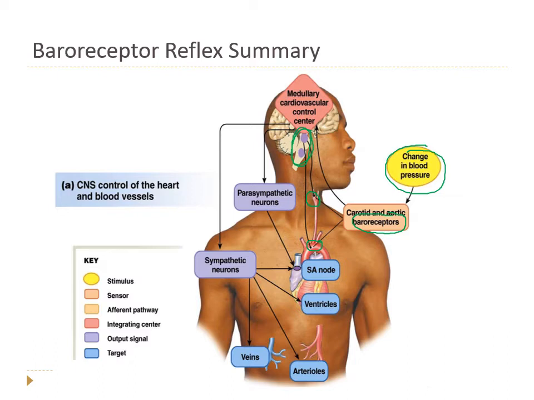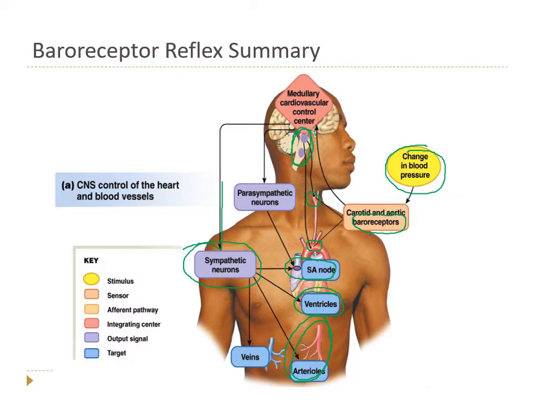If blood pressure is too low, then we're going to choose the sympathetic nervous system. We're going to speed up the heart rate by telling the SA node to beat faster. We're going to tell the ventricles to beat harder, and we're going to tell the arteries to constrict. So that is all going to increase blood pressure.